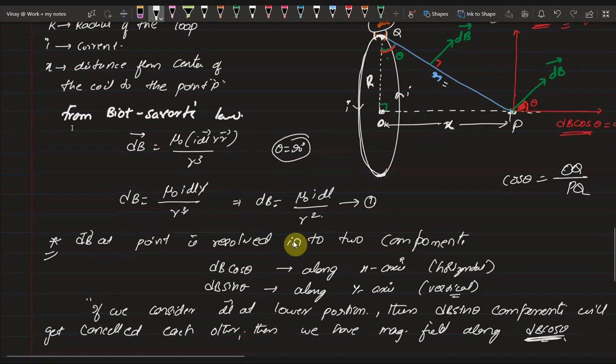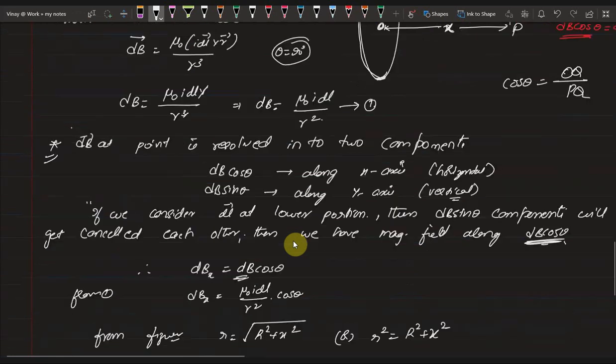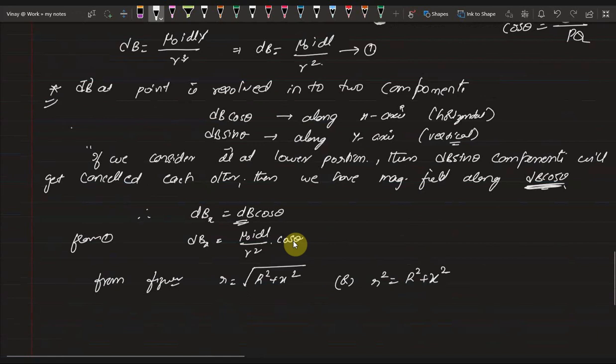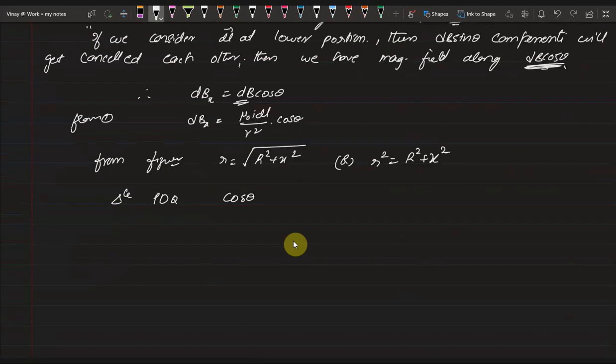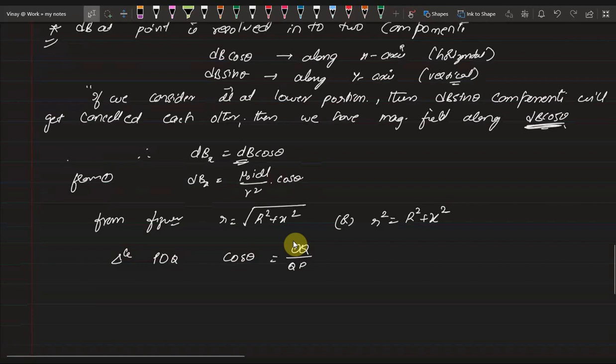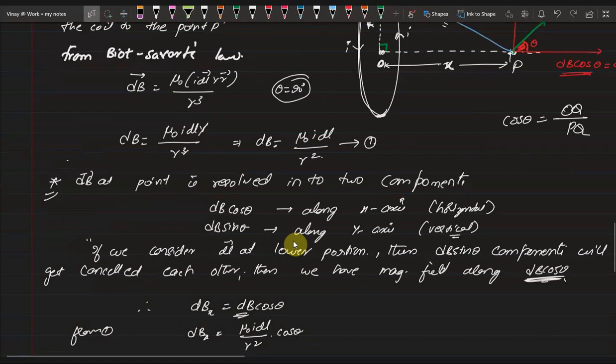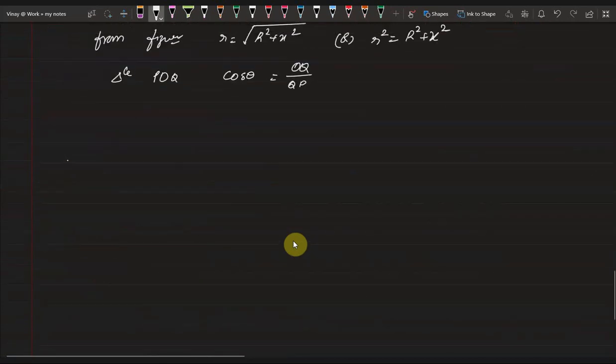So cos theta is OQ by PQ. Clear? OQ is the adjacent side, PQ is the hypotenuse.